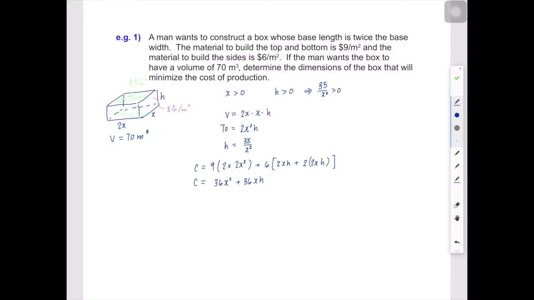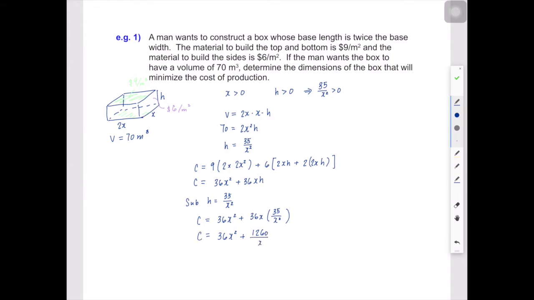Let's write this cost function in terms of one single variable. We're going to substitute h equals 35 over x squared and get C equals 36x squared plus 36x times 35 over x squared. Now let's simplify that further. This is 36x squared plus 36 times 35, which is 1260, over x.